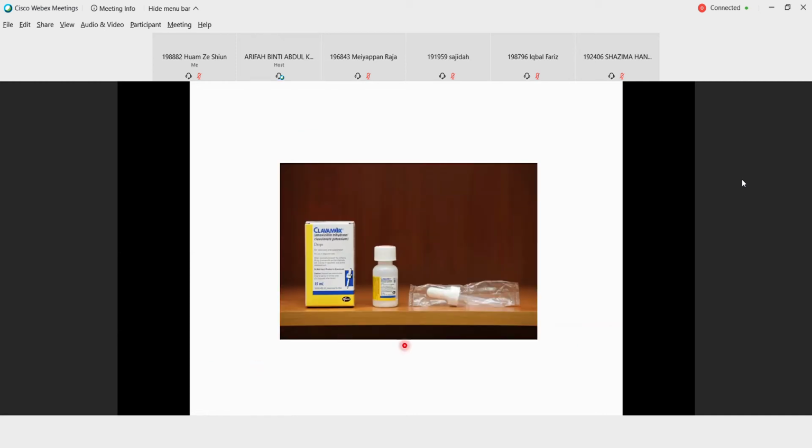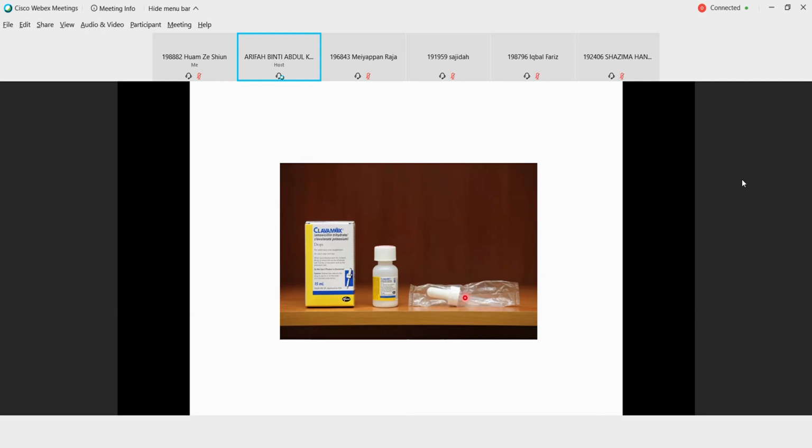This one I think I've shown you before. Clavamox, same thing, contains amoxicillin and clavulanate potassium. So the formulation is in potassium, potassium is the vehicle. This formulation is only for tiny, very sick kittens, where we use it in drops.